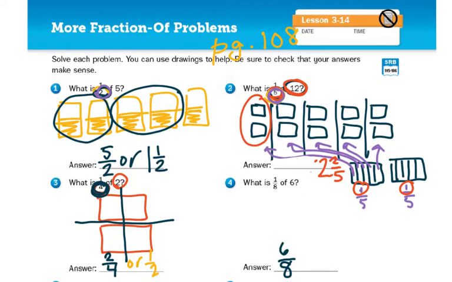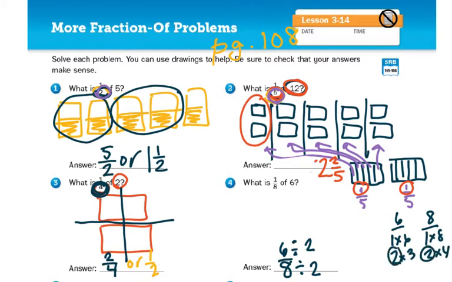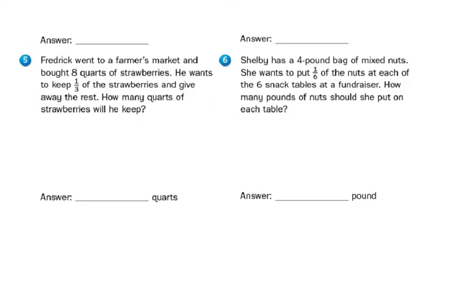Another way to do this is to factor out a common factor. They each have a common factor of 2. If I think about my factors of 6 and my factors of 8, another way to say this would be 3/4.